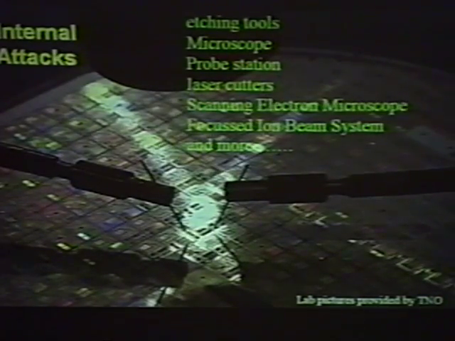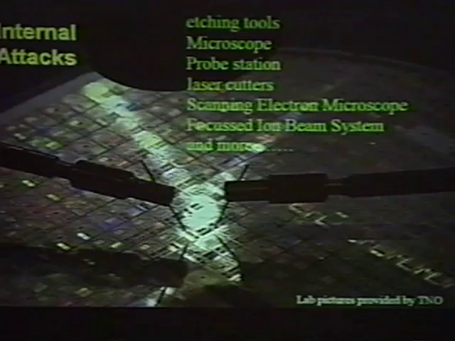An extremely powerful tool is a focused ion beam, a FIB, which is a bit like an electron microscope in the sense that it can see the chip, but it can also be used to put new material on the chip.